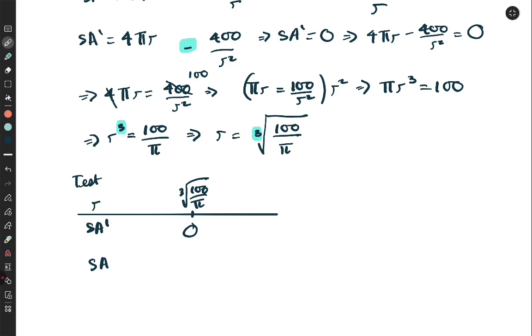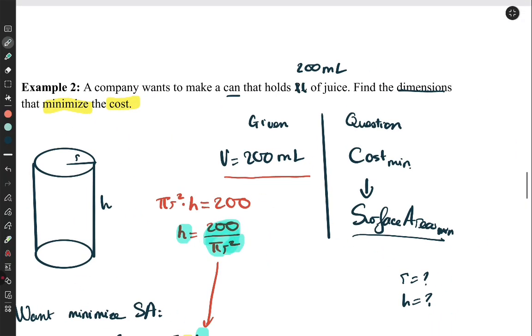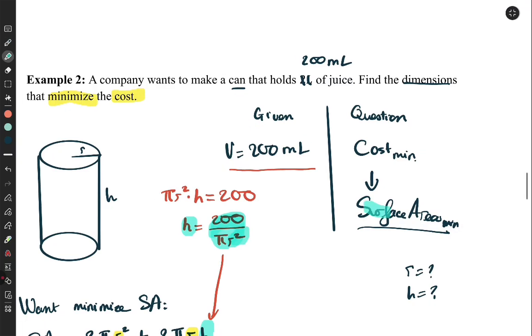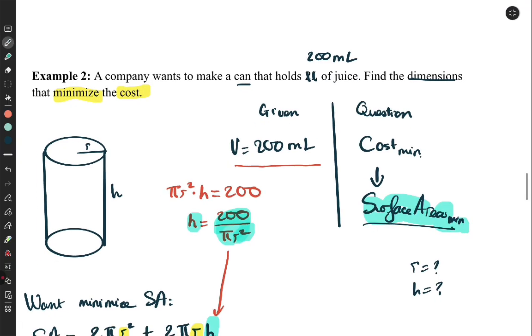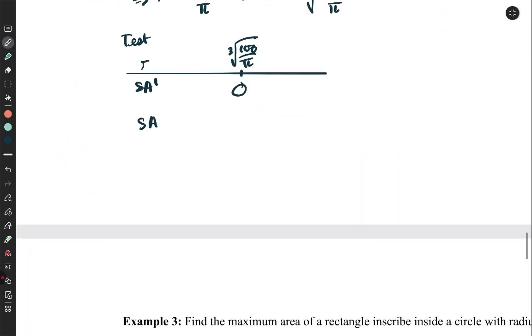But if I ask you this, whatever is inside has to be true, you just have to prove it. What are you fighting for? You try to find the minimum surface area. No matter what you do, you have to end up with the minimum surface area.